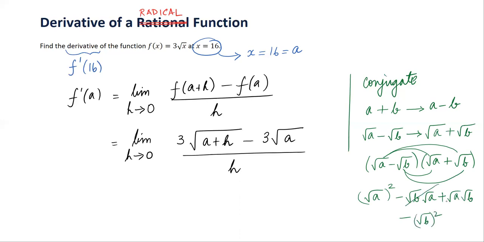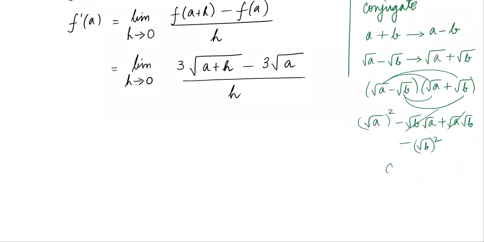And as you can see, these cancel away. Square root of a the whole squared is simply a. Square root of b the whole squared is simply b. And you can see that the end result was the desired outcome, which eliminated the radical for us. So you multiply an expression and its conjugate to be able to get the desired outcome. So that is the technique we're going to use when we deal with radicals.